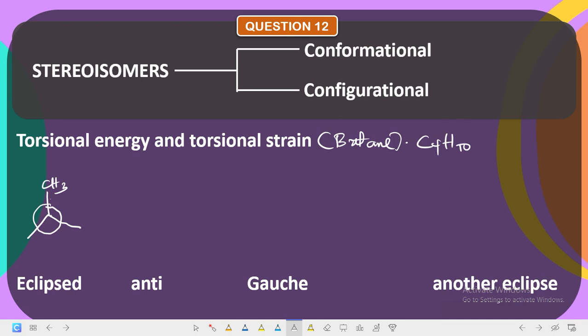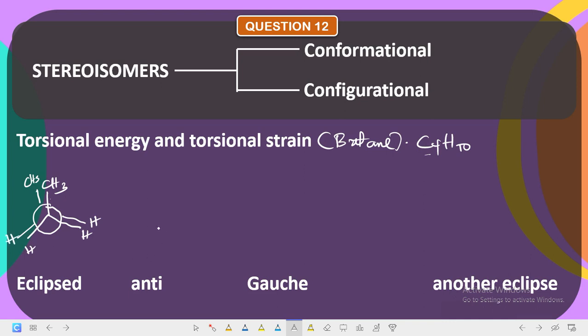We already know that this one here represents 2 carbons, one superimposed on top of the other, plus this 2, making it 4. Now, when the 2 CH3 groups are close to each other, you call it the eclipse form. So when the 2 CH3 groups are close, you call it the eclipse configuration. Of course, we know these are all hydrogens.